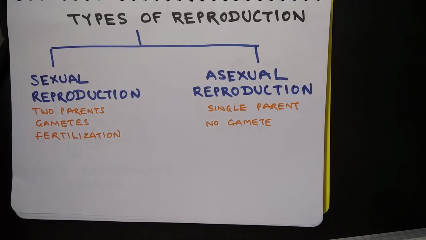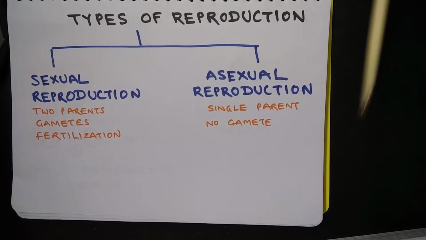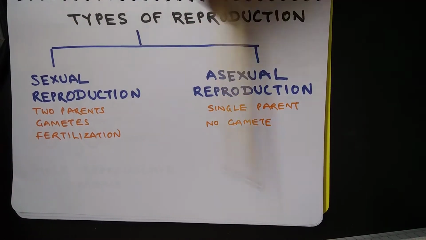So pollen grains are the male gametes in flowers, and eggs are the female gametes in flowers. Similarly, in animals, you will see that there are two types of gametes. The sperms are the male gametes and eggs are the female gametes. In case of asexual reproduction, a single parent is involved in the process and there is no gamete formation. So that is the key difference.